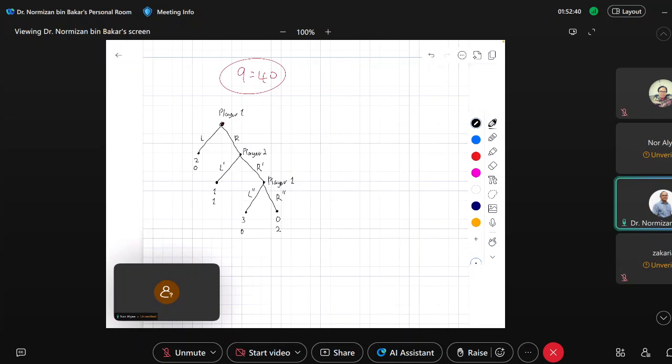All right, so that is your solution. So what is the player 2 strategy? Player 2 chooses L1 because he got 1, a pair of 1. When he chooses R prime, he got 0.